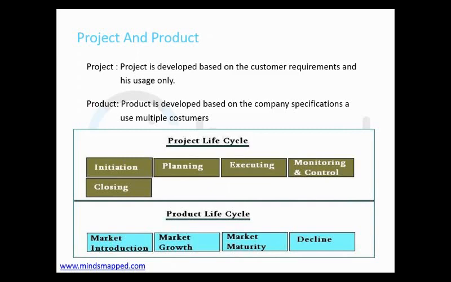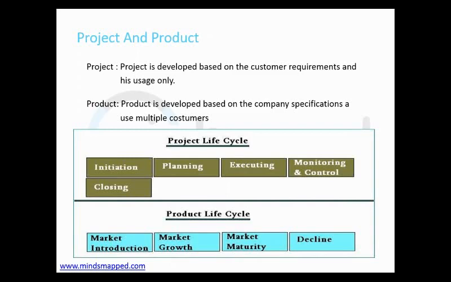So life cycle is nothing but for whatever product or project we are creating. In non-IT, if you are building a house, we'll have different phases. We need to plan what we're going to build, then prepare the basement, then gather the material from different sources.